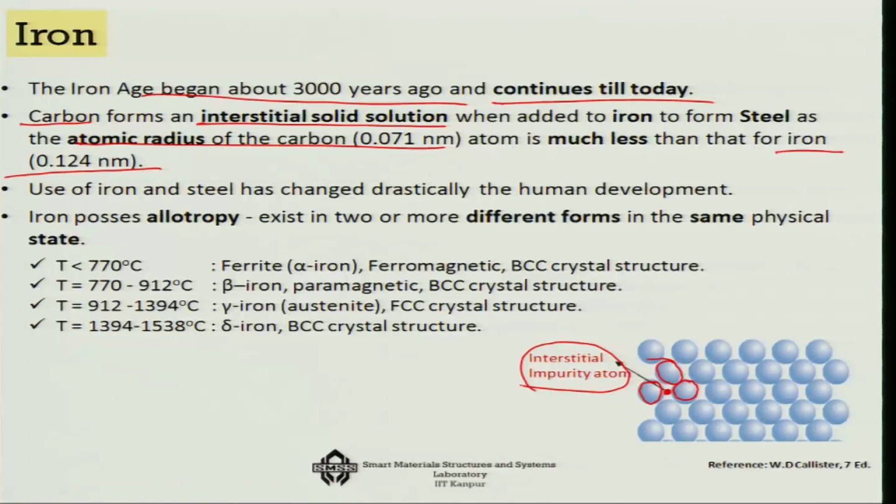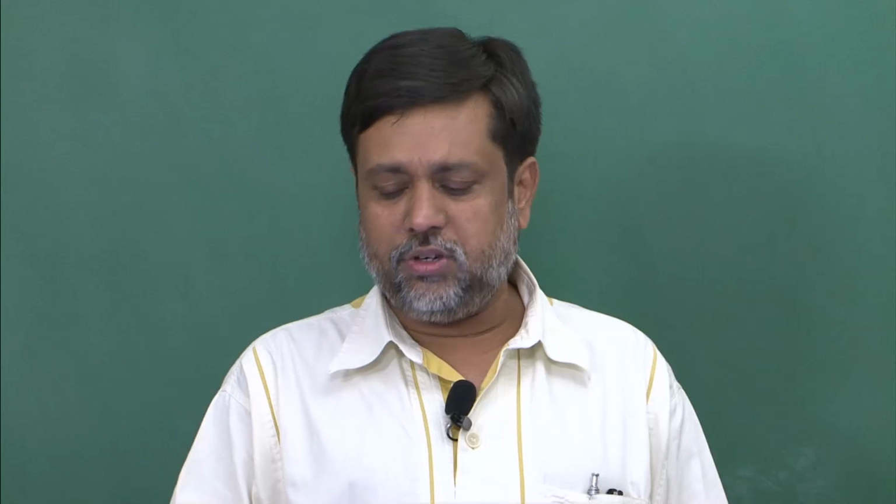So, there are actually two different types of solid solution possible. One is interstitial solid solution and another is substitutional solid solution. Substitutional solid solution happens when the atomic radius of the impurity is of the same order as the base material.